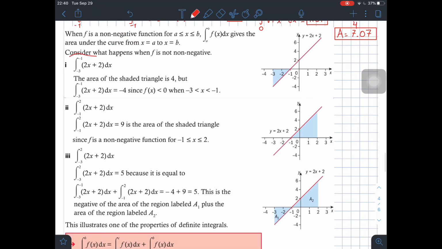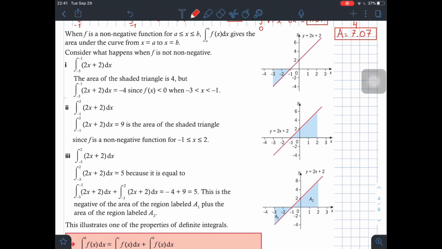So it says, consider what happens when f is not non-negative. That means that it is negative. For example, in this case, you see that in this small triangle we have here, the function has negative y values, right? It's below the x-axis. So if we find the integral from -3 to -1, that is, from this value of x to this value of x, we would find the area beneath the curve, right?